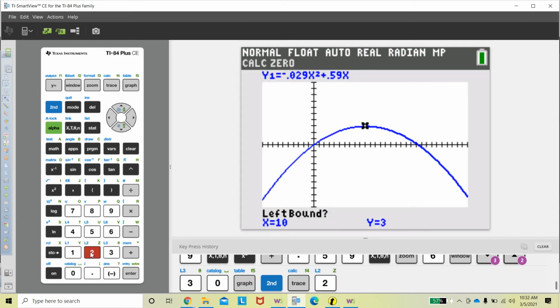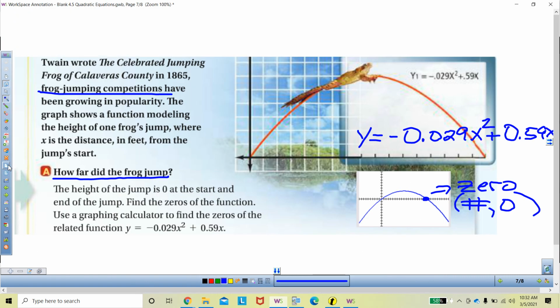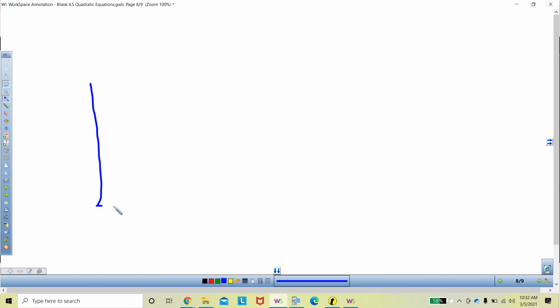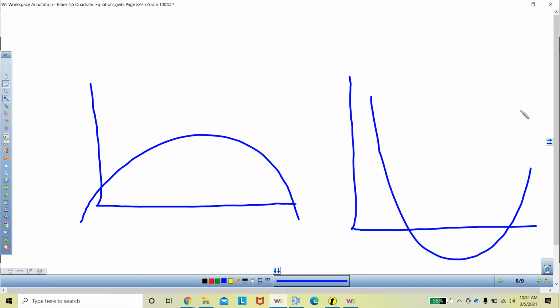Now it asks you this question, left bound. Well, that's confusing, isn't it? So let's talk about left bound and right bound. Let's say we have a graph like we do with the frog jump. It's like that. Let's say conversely we have a graph that's more like that.